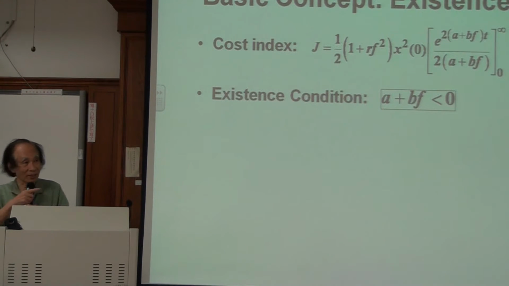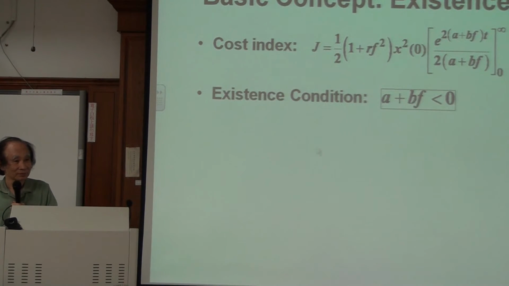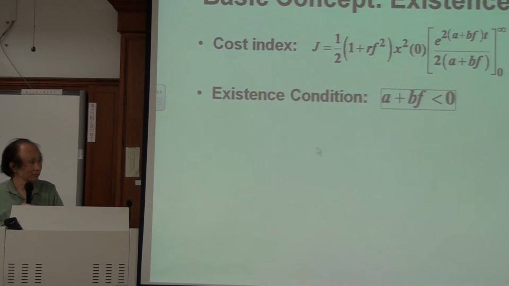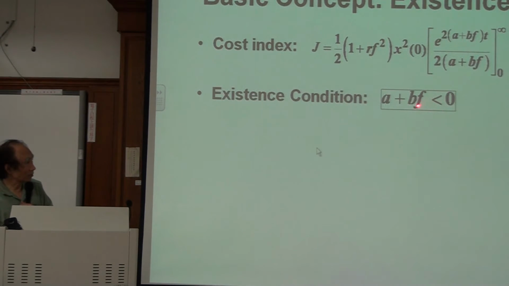Keep in mind, because I can use this in the final exam too. What is the exact existence condition for a problem like this? This cannot be larger than 0. Can this equal 0?